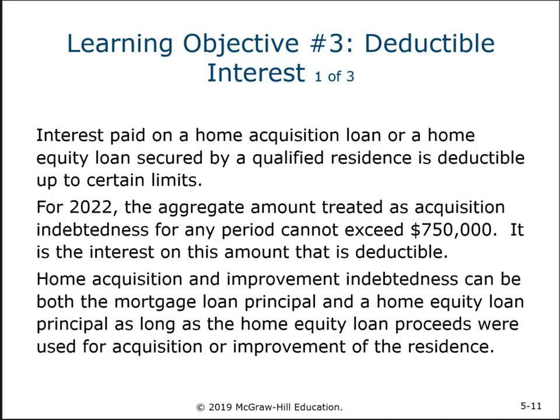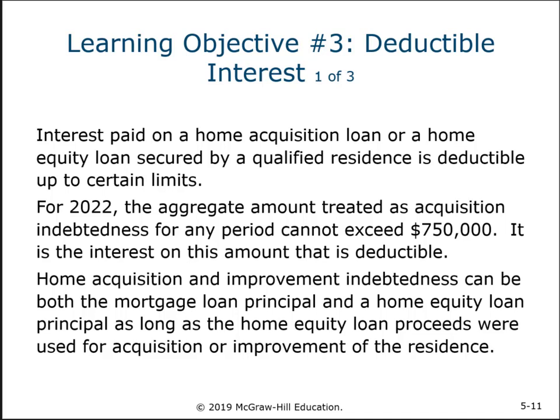Okay, the third itemized deduction, moving down the Schedule A, interest paid on a home acquisition loan or home equity loan secured by a qualified residence is deductible. But there are limits. Okay, this is interest paid.